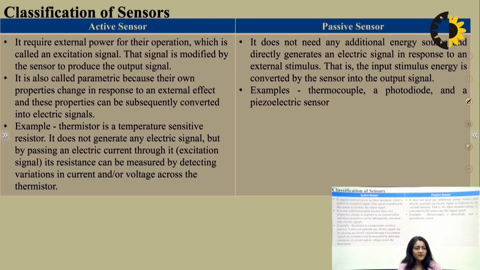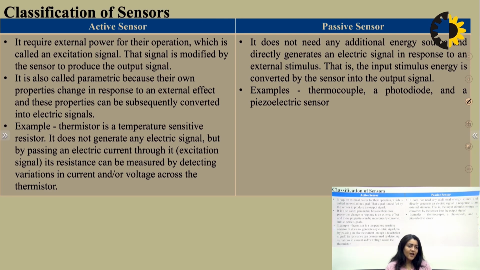You just provide force on a piezo material, which you know we have as a crystal, a piezoelectric crystal, or Rochelle salt, which is a kind of piezoelectric material. And piezoelectric sensors are made of these kinds of materials.